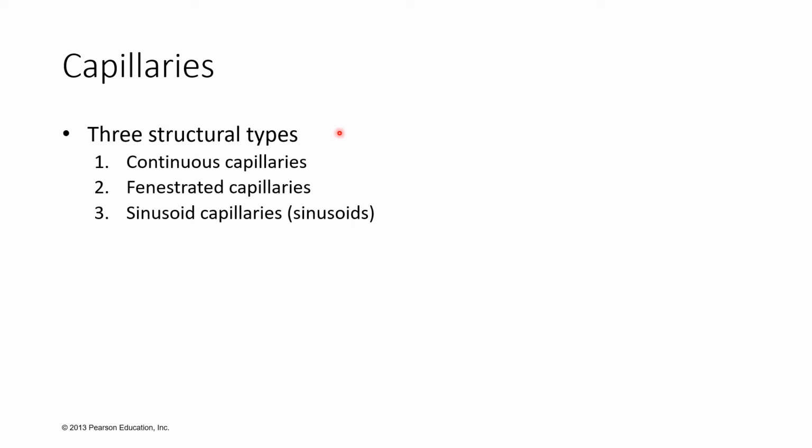So the first type of capillary we're going to talk about is the continuous capillary, and this is the least permeable type we have. Then comes fenestrated capillaries, and fenestrated are going to be a bit more permeable. And then the most permeable type of capillary we have are known as our sinusoids.